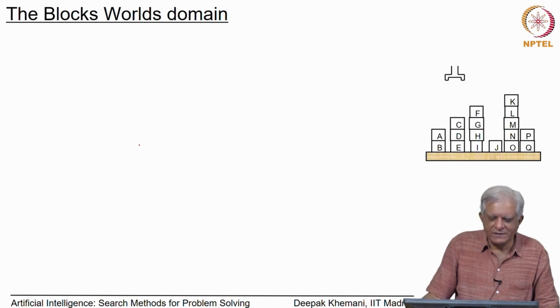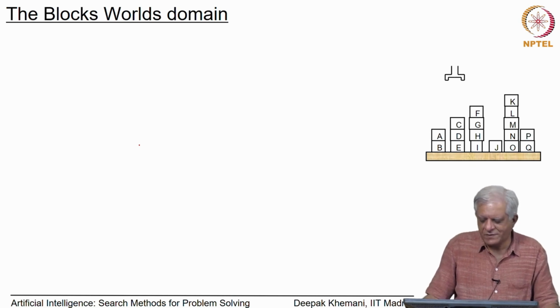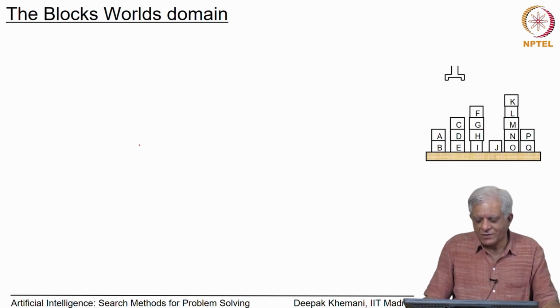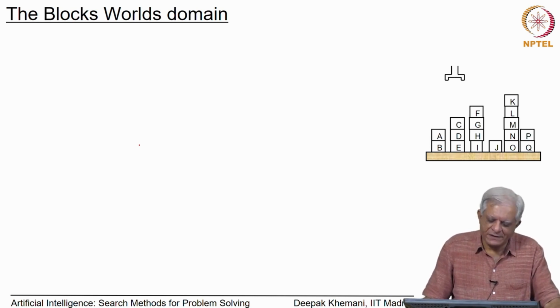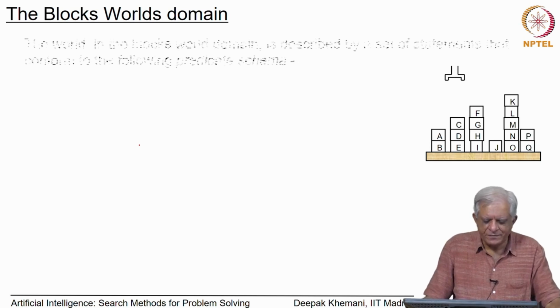There is simply a world in which blocks are stacked on top of other blocks, and there is a robot with one arm which can manipulate these blocks. So, this simple domain is called the blocks world domain, and the strips language started off by describing this domain.